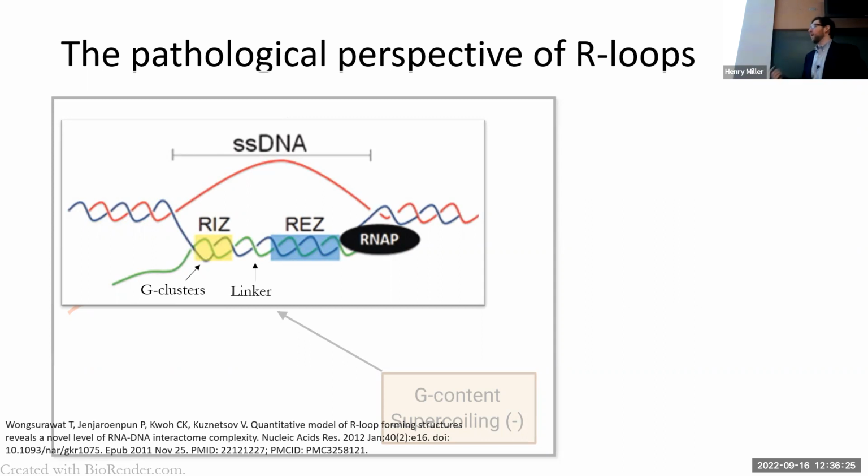And there are also RES regions, R loop elongation zones that contain high G content, but not necessarily G clusters. Okay. These RIS-RES regions are also known as R loop forming sequences, or RLFS, and they can be computationally predicted using specialized software.